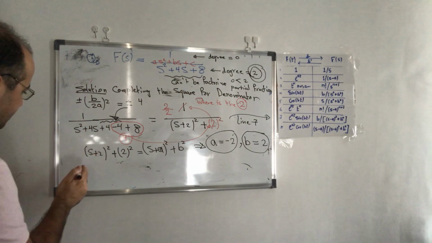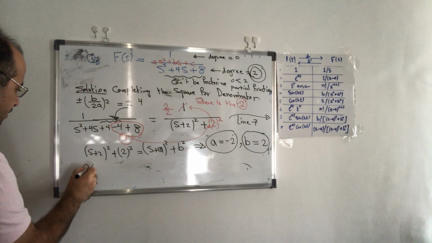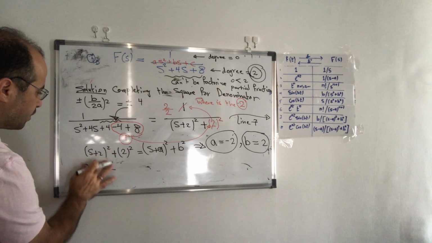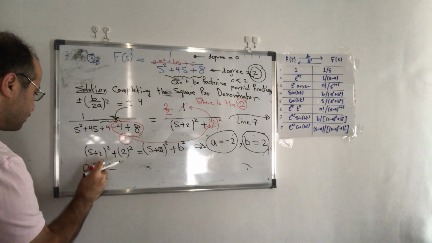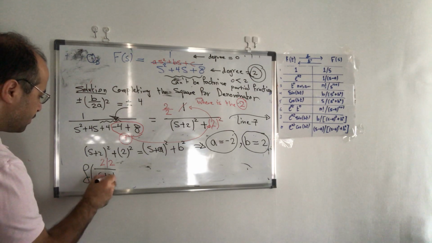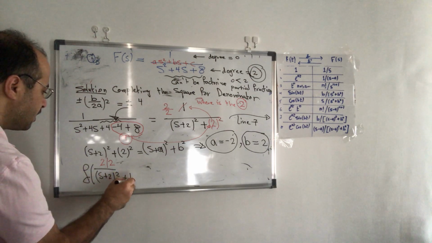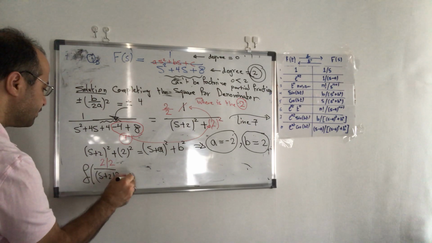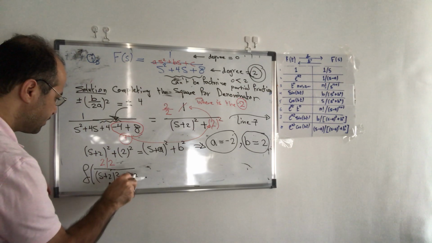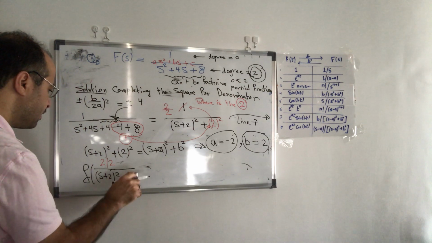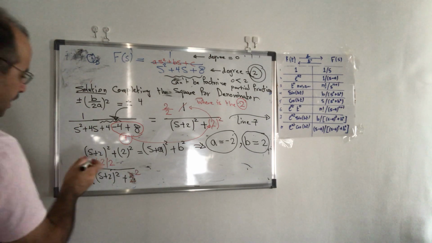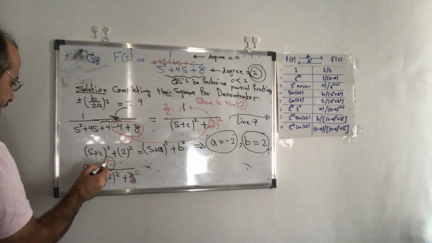Now going back, I need the Laplace transform of this, which is now 2 over 2. I'm writing this 2 over 2, and here we have (s plus 2) squared plus 2 squared. And this is, let me write it as 2 squared. So we have the b squared, but we are inventing the b. Now I don't need that fraction here, which is 1 over 2.